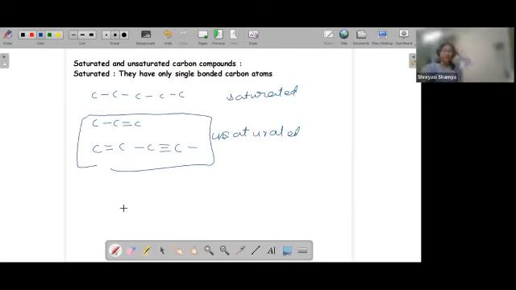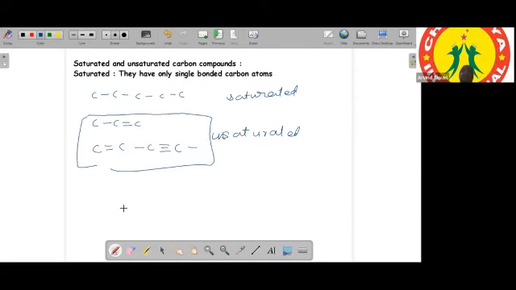Then the second thing you can see about saturated and unsaturated hydrocarbons is the chemical behavior. In the chemical behavior, you can see their flame test. The saturated hydrocarbons burn with a blue flame. The unsaturated hydrocarbons burn with a yellow flame and produce black colored soot.